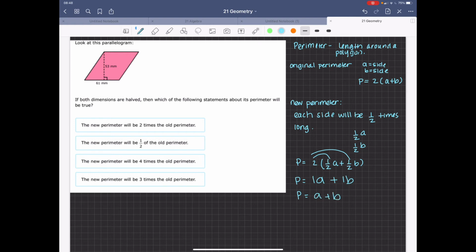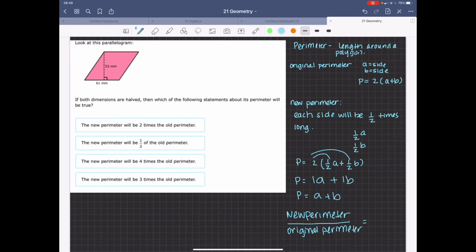And then we have to make our ratio. So our ratio is going to be the new perimeter divided by the original perimeter. And then we're going to solve this rational expression.